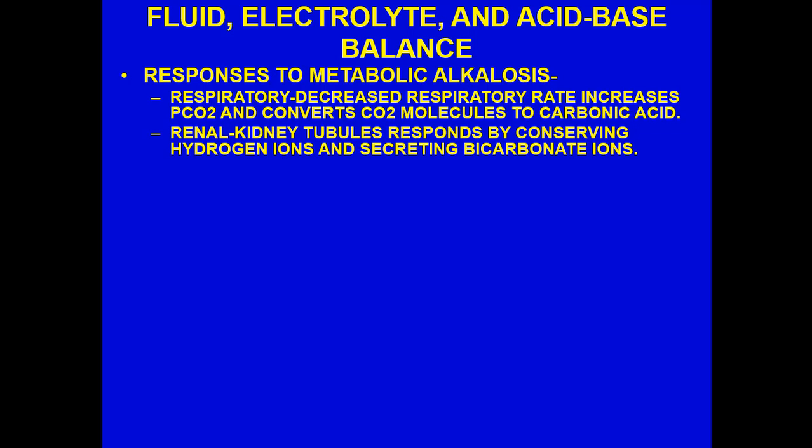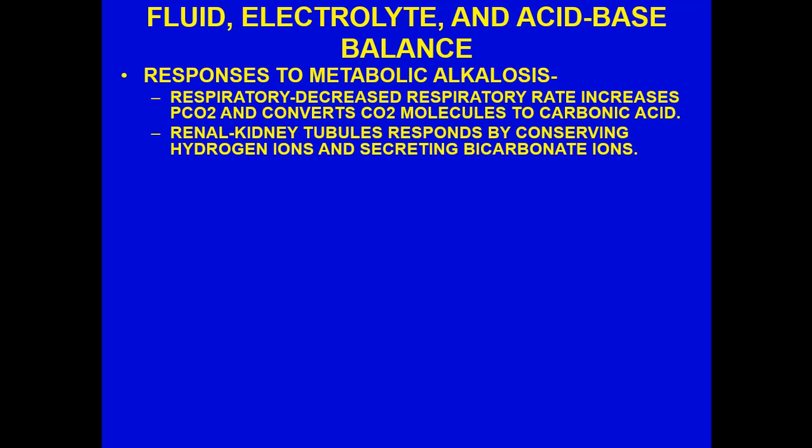Now, what are the responses to metabolic alkalosis? The respiratory response is decreased respiratory rate. This is going to increase the partial pressure of CO2. It will convert CO2 molecules to carbonic acid. Okay? You want to keep the pH from being outside the 7.45 range and start turning it back down.